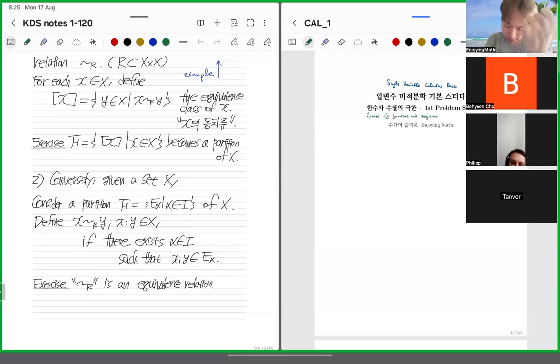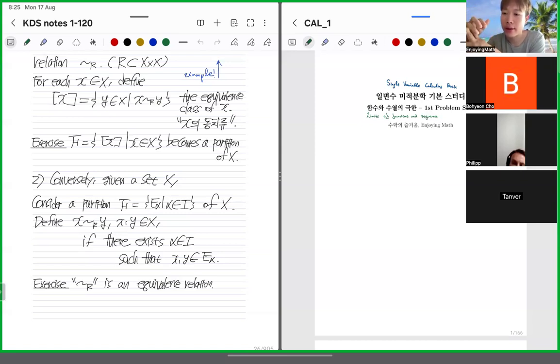First, it should have reflexivity, which means it has the relation to itself, so x related to x. Second, we need symmetry, which means if x is related to y, then y must be related to x.